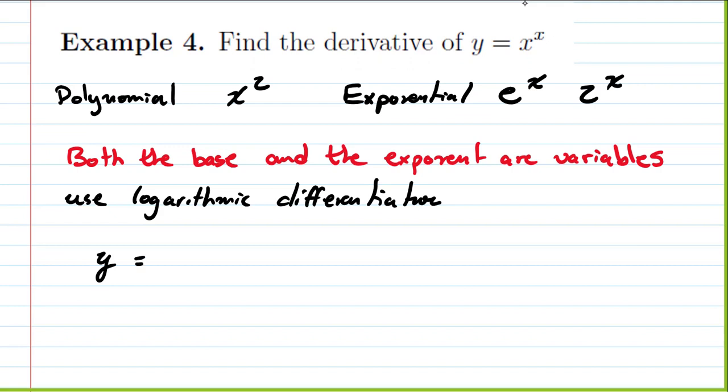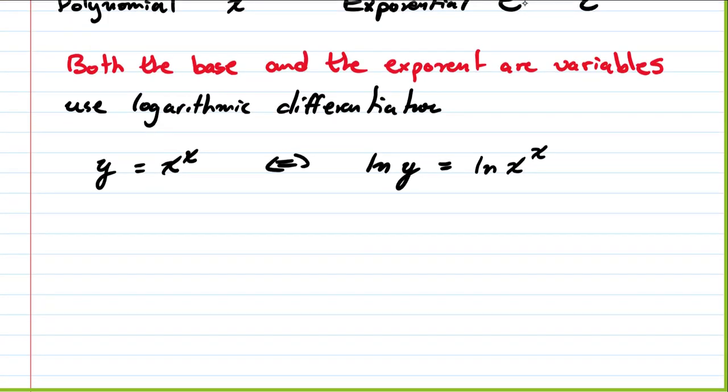So we have y equals x to the x, which is the same as taking the log of both sides. The natural logarithm of y is equal to the natural logarithm of x to the x, or the natural logarithm of y is equal to x ln x by our power rule.